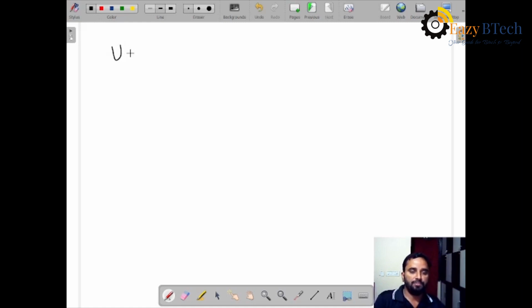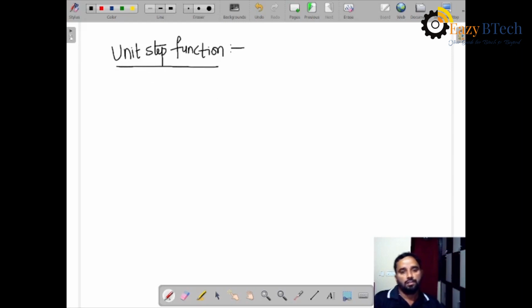It is represented mathematically as u of t. So if you see u of t, it is the unit step function.